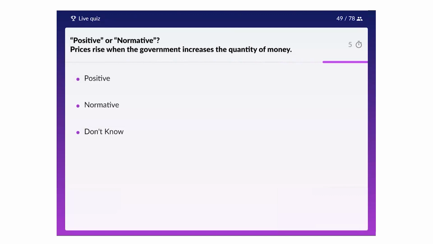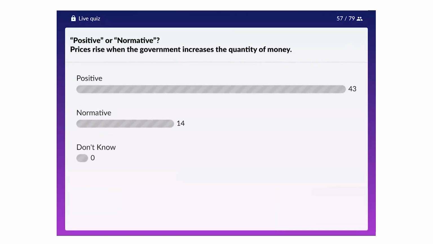I think we have only 5 seconds left, so please hurry up. Okay, so 43 of you say positive, 14 of you say normative, and the answer is this is a positive statement.